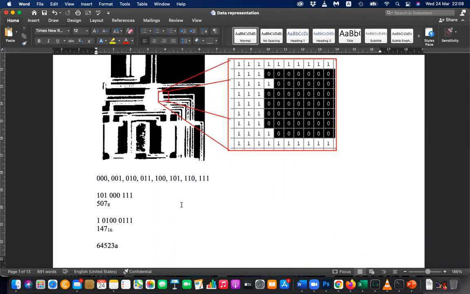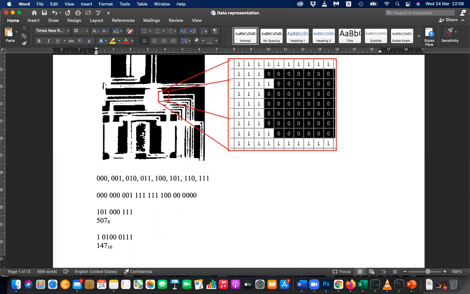And why are octal and hexadecimal also there? Because when you have 24 bits, this is a 24-bit color, but you can shorten this by writing 3 by 3. That is where octal is used. If you group 3 bits at a time, you can make this short.